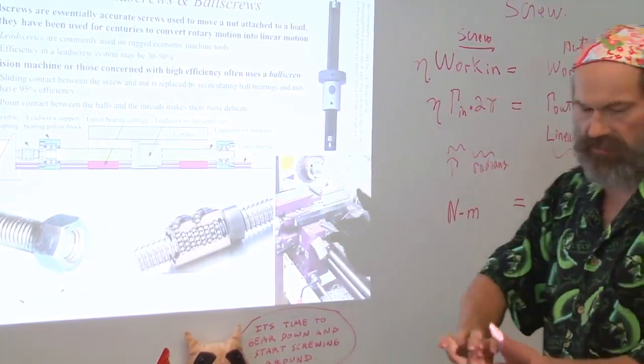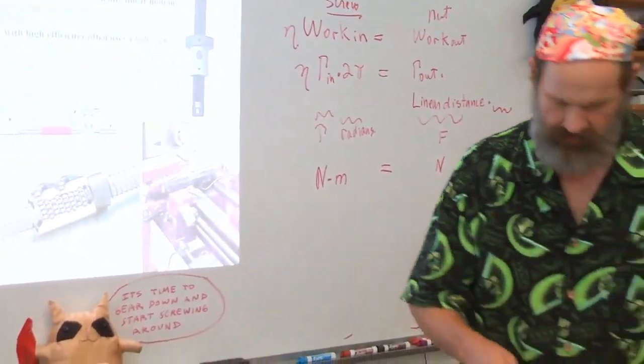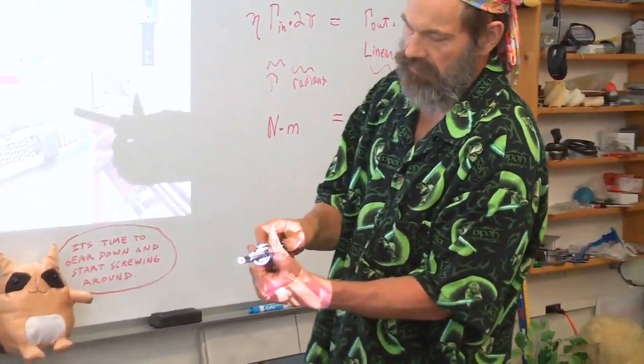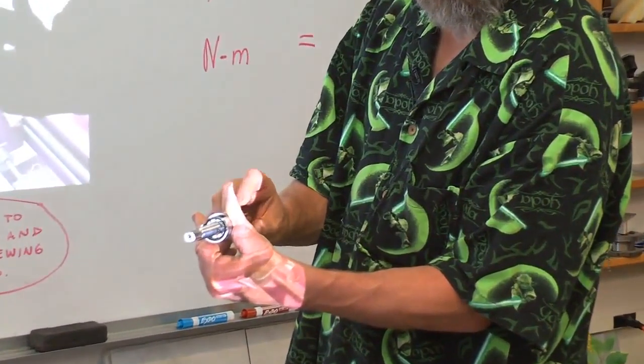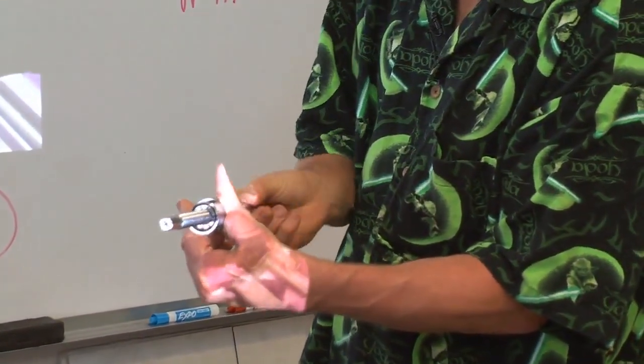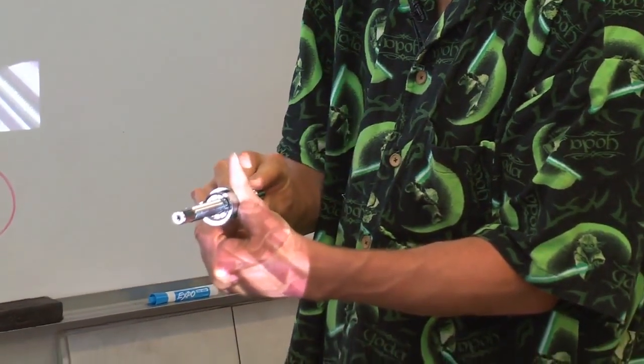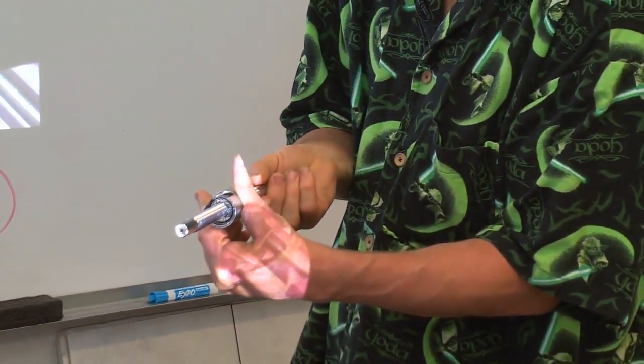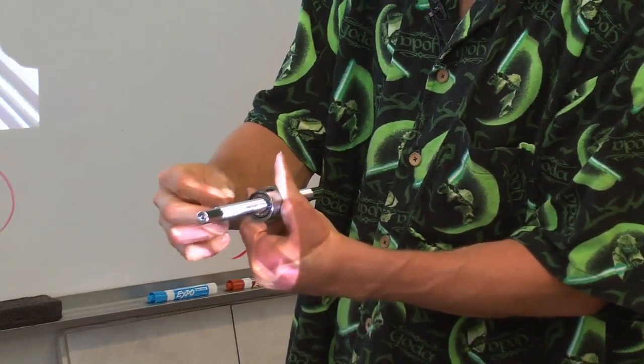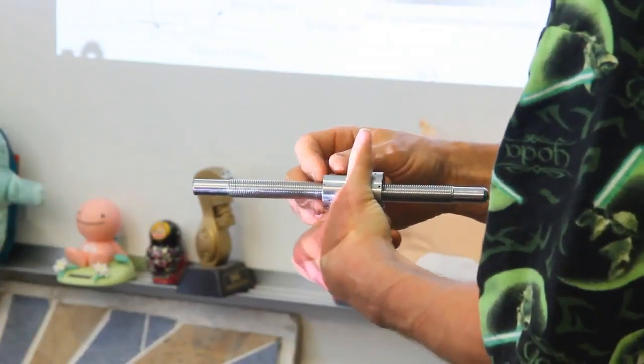So when I take this screw holding the nut and I rotate it one full rotation, the screw will advance by what is called the lead.